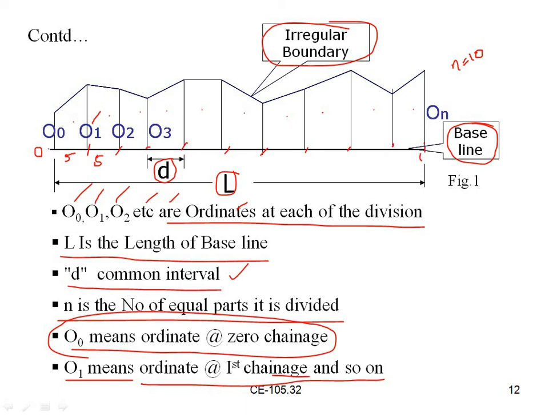The straight chain should be kept on the baseline at these common points. We keep the chain line like this, and with the help of a tape we take the measurements for 1, 2, 3, 4, 5 like this. These are the ordinates we have to take. After taking these points, we have to divide it into an equal number of parts.